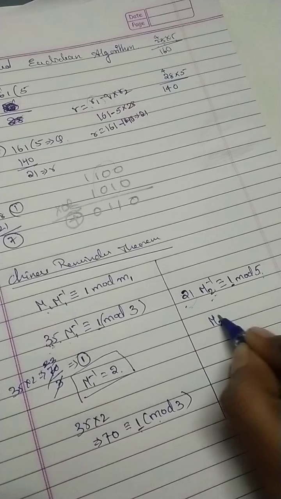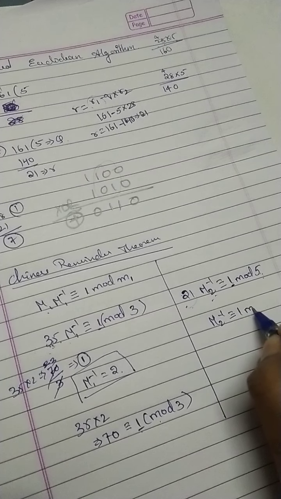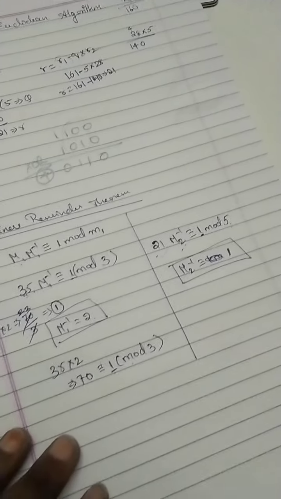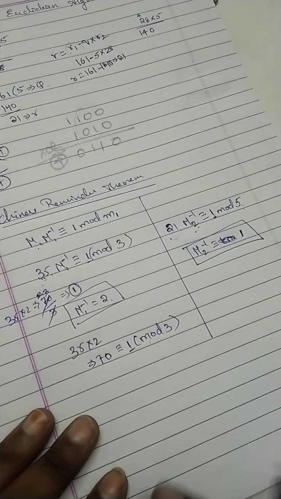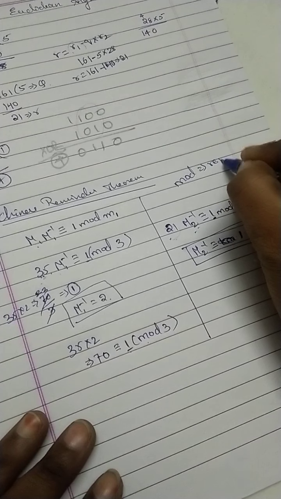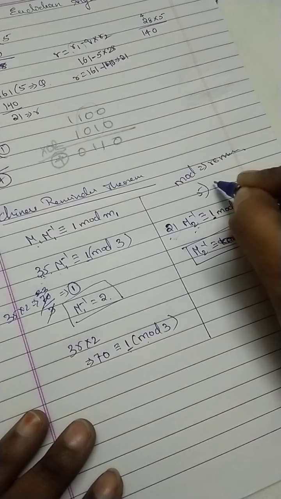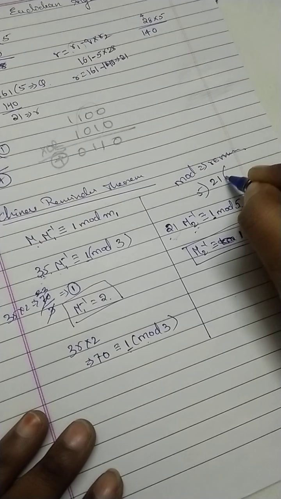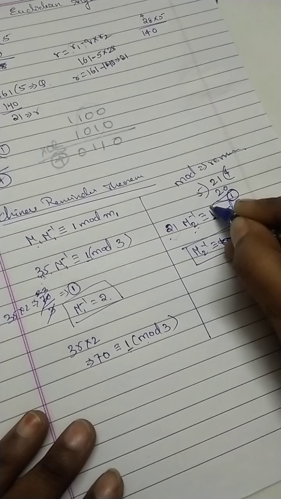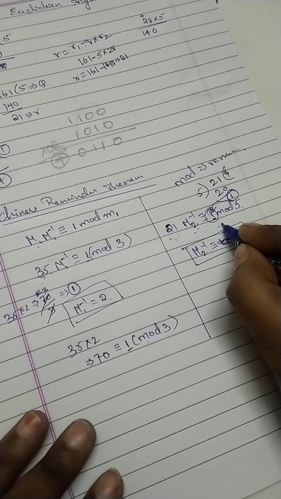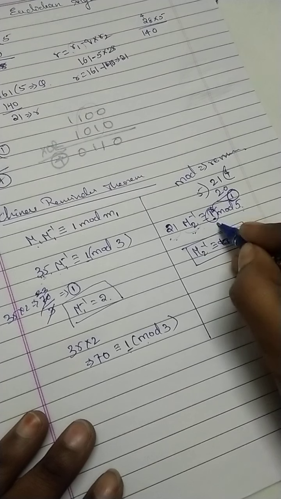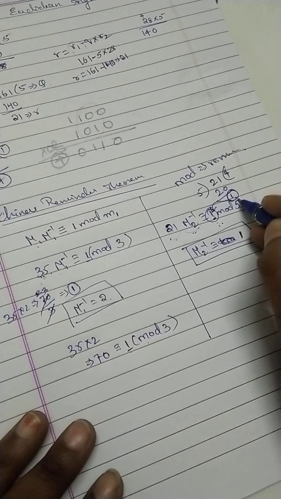So m2 inverse is equal to 1. You can substitute and find the value. Don't get confused: mod means you should consider the remainder. When you divide 21 by 5, the remainder is 1, so you should consider the value such that you get 1.